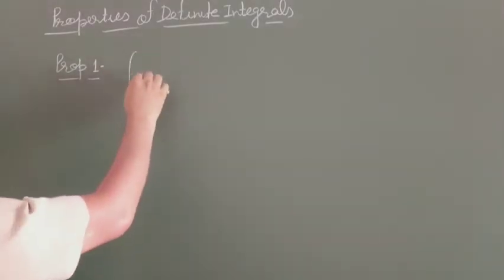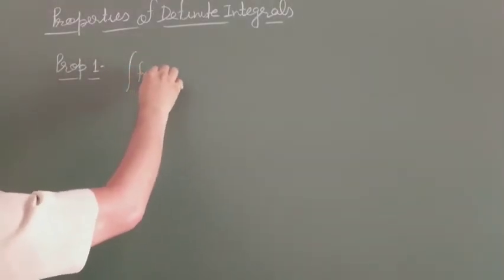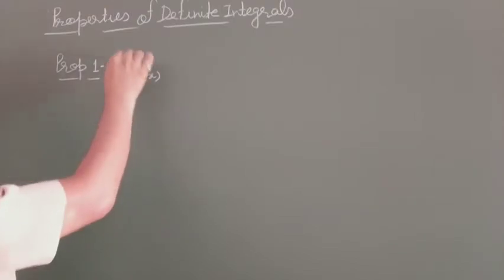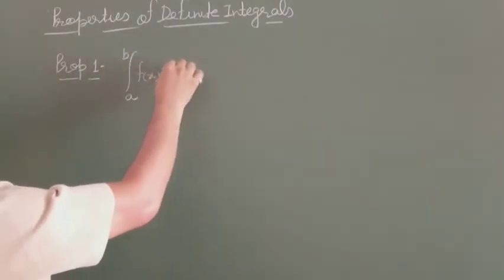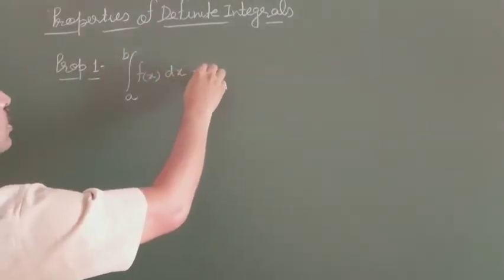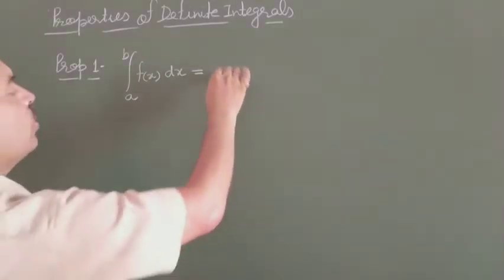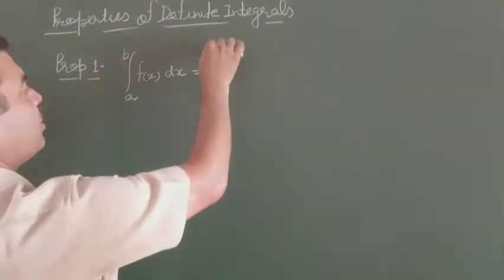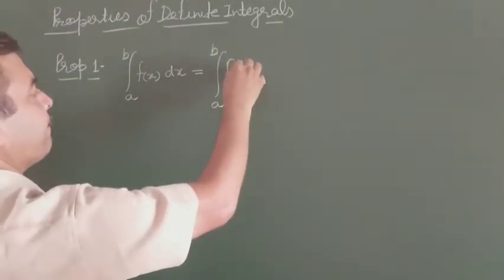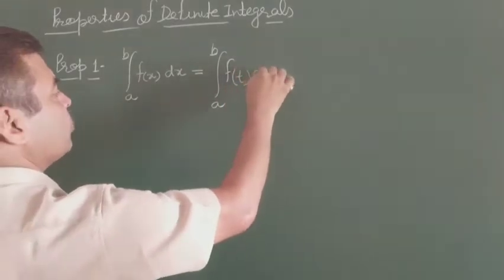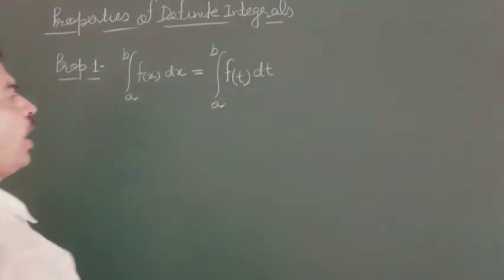if we have to find the integral of f(x), limits are a to b, then if we change the variable, the answer will be the same. It is also equal to the integral of f(t) dt.